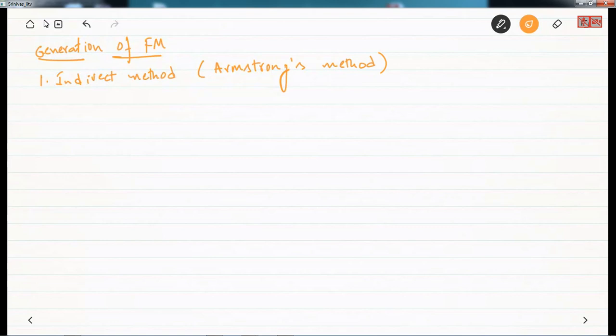So in this indirect method, first a narrow band FM is generated, and then to increase its frequency deviation, which is beta, we use frequency multipliers, right?